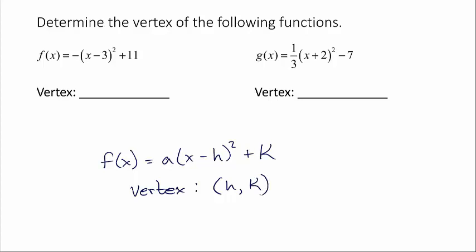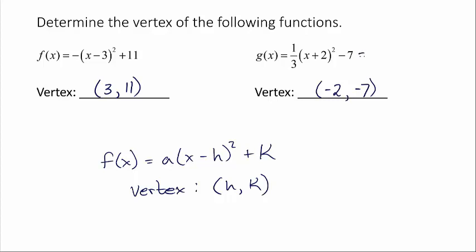So with that reasoning, if we look at this function f of x equal to negative (x minus 3) squared plus 11, then (3, 11) would be the vertex of the function, would it not? Yes. With the function g of x equal to 1/3 (x plus 2) quantity squared minus 7, the vertex would be, careful here, (-2, -7), right?